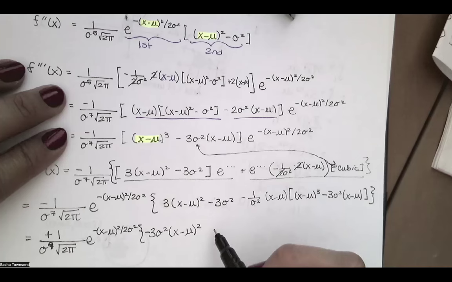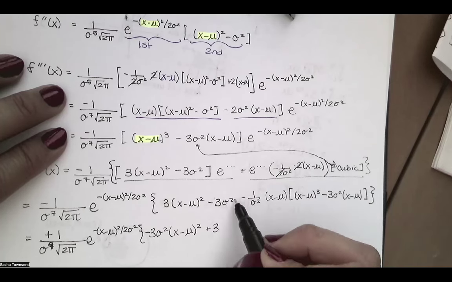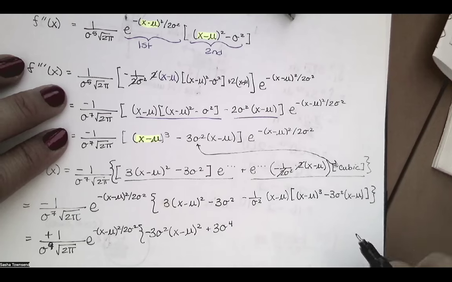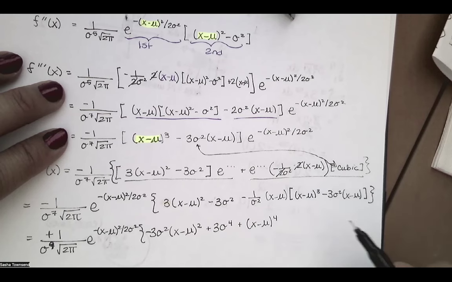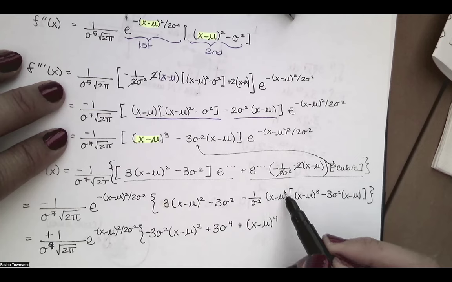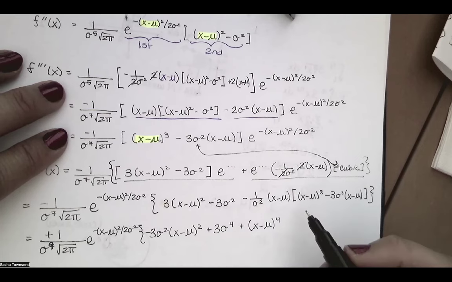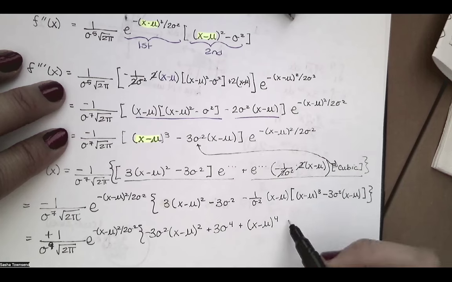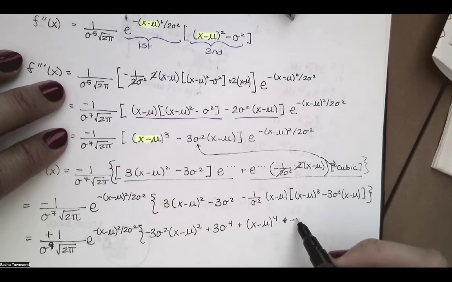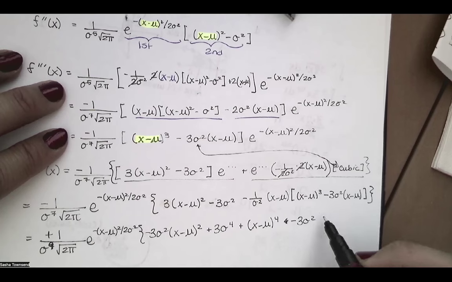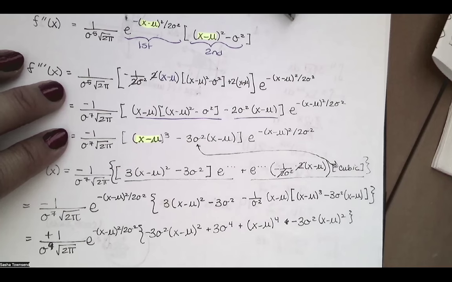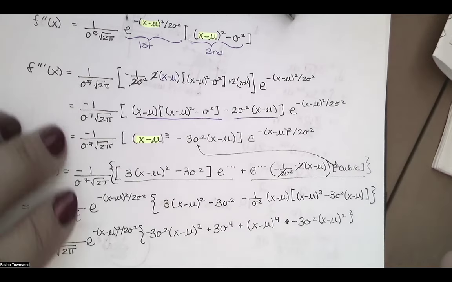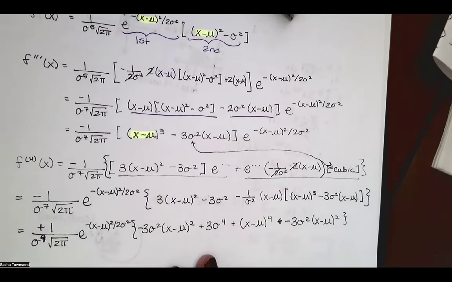And then we'll have a negative sigma squared multiplying that. So it's going to give me a sigma to the 4th. And then I'll have a positive x minus mu times x minus mu to the 3rd is x minus mu to the 4th. And then this times that is going to give me, I've already factored this out, or actually another negative 3 sigma squared times x minus mu squared. I'm wondering if I'm doing this right. I hope I am. All right, this is what we've got.